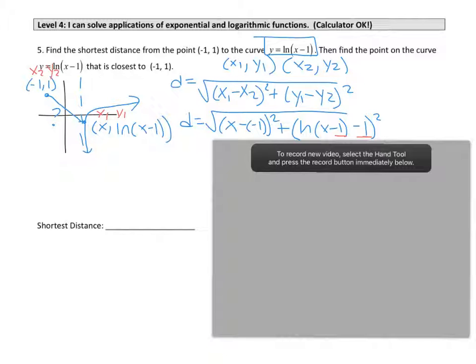And then I square the outside of the parenthesis, plus another parenthesis, and then I do natural log. I have to press Control and then the E to the X button. Natural log of x minus 1, and then on the outside of that parenthesis, minus 1. And then I go to the outside of that parenthesis and square it. Press Enter.